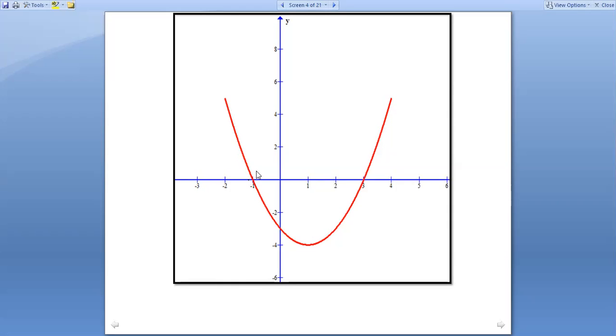And the function takes the value 0 when x is equal to -1. As the value of x increases from -1 to +1, the function value decreases negatively.